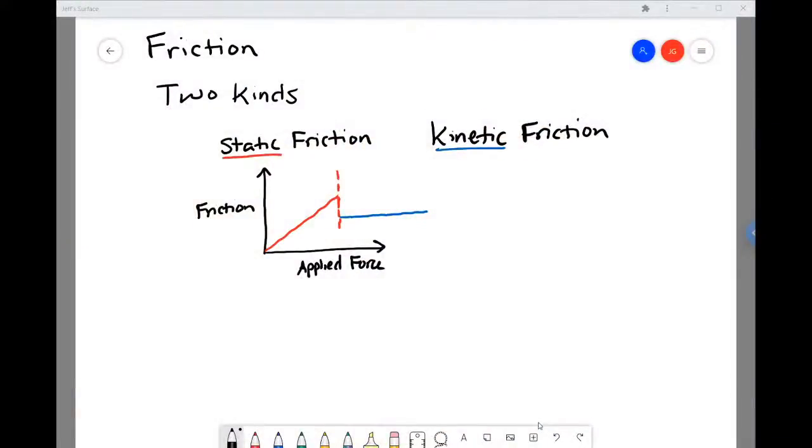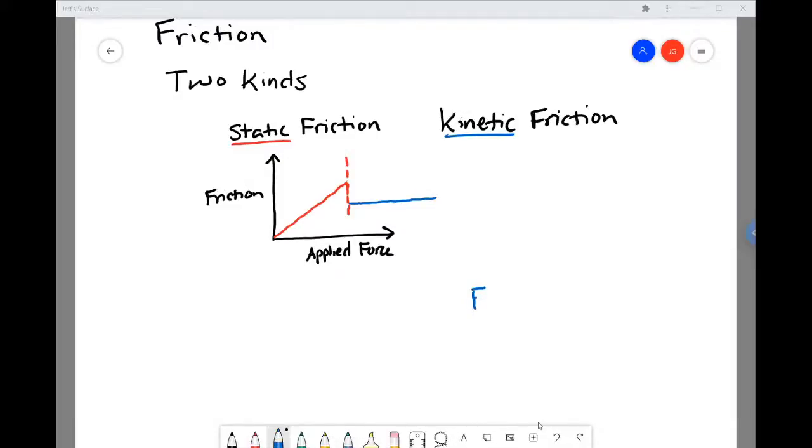So I think maybe let's do kinetic friction first. For kinetic friction, the formula for this type of friction, let's call it F sub FR for friction. I'm not sure what your textbook calls it. The magnitude of this force of kinetic friction is equal to some constant, let's call it mu sub K for kinetic, times F sub n, which is the normal force.